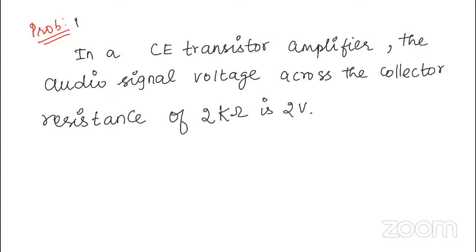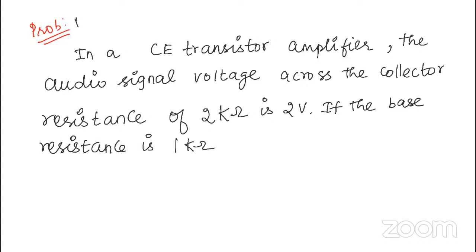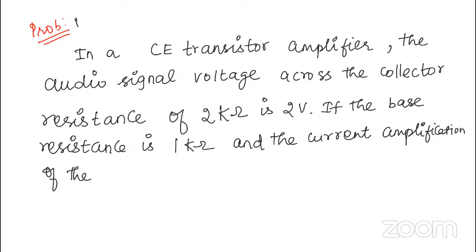If the base resistance is 1 kilo ohm and the current amplification of the transistor is 100, then find out the input signal voltage.